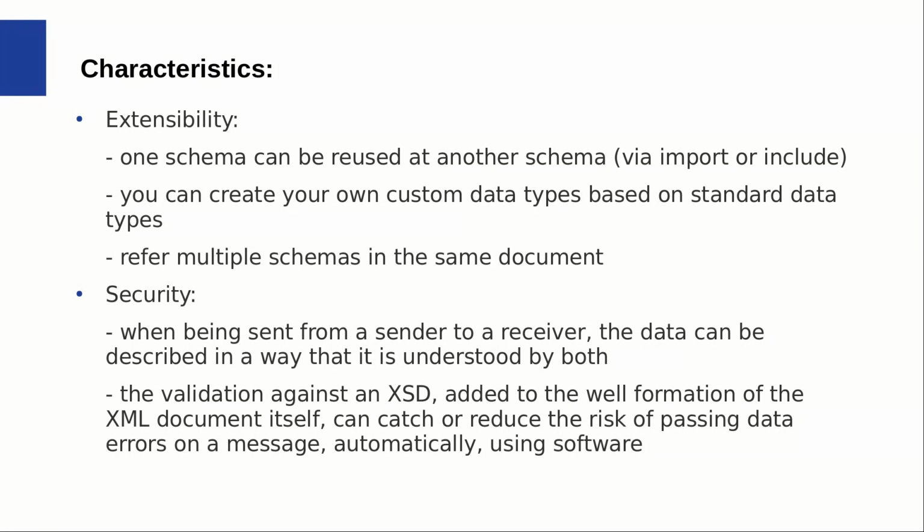And the validation against an XSD, added to the well-formedness of the XML document itself, can catch or reduce the risk of passing data errors in a message, whether manually, visually, or more commonly automatically. The APIs themselves check if the data you're sending is valid and correct in order to reduce or catch errors of spelling or any other type of incompatibility between the data types or structure.